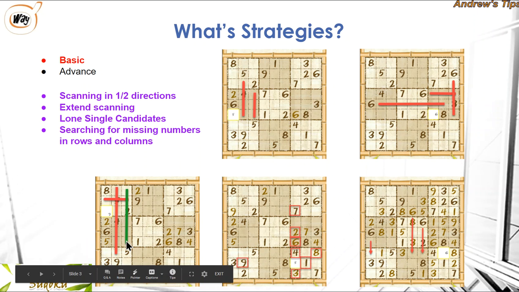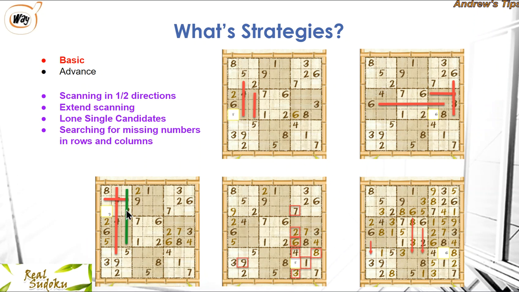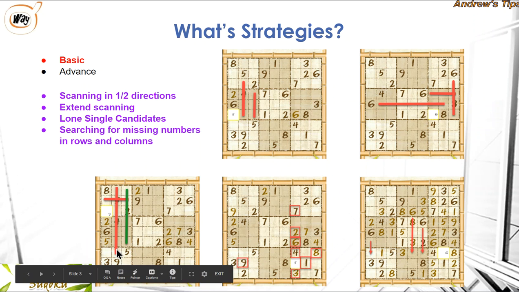That means the 9 will be in one of these 3 cells. So for this region, this column cannot use the 9. So here, when you use the 9 from this way, the 9 is already in this column.